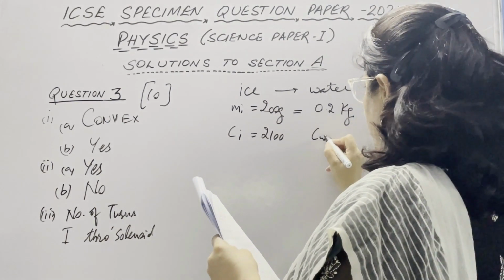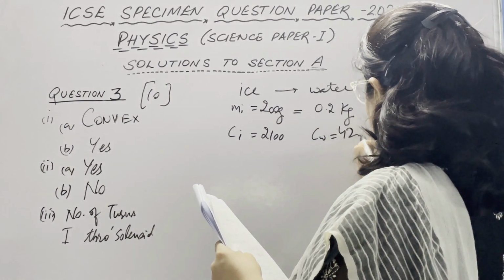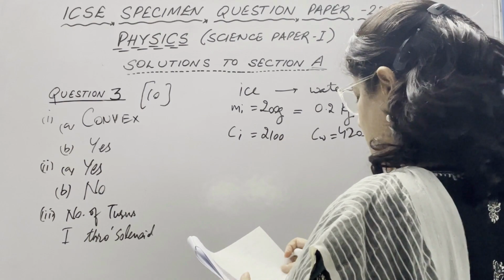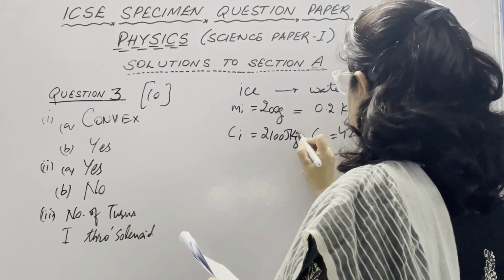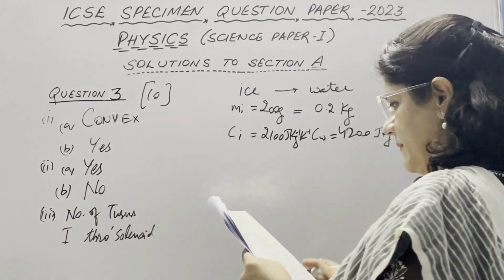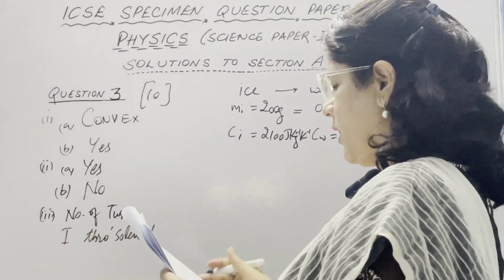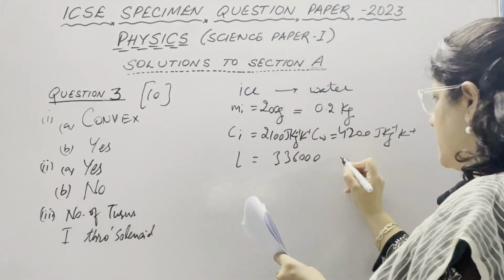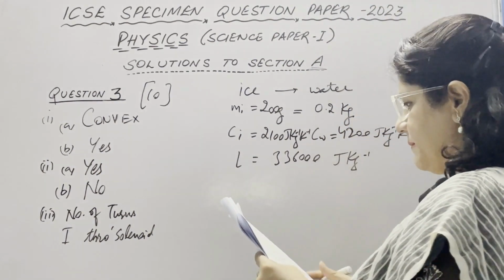Specific heat capacity of water is given as 4200 joule per kg per Kelvin. Now, latent heat is also given, 336,000 joule per kg.